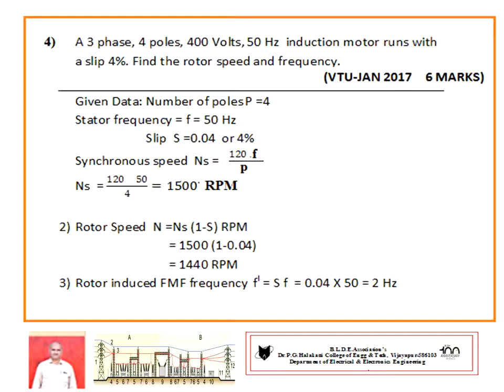Rotor speed, that is N, the actual motor speed. N equal to Ns into 1 minus S. From previous problems we have learnt the same formula, you can apply. 1500 into 1 minus 0.04. Slip value should be the fractional value. Try to remember, 1440 rpm.